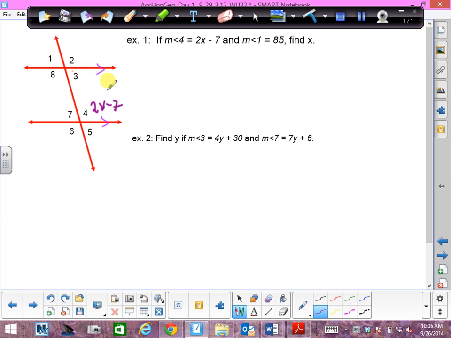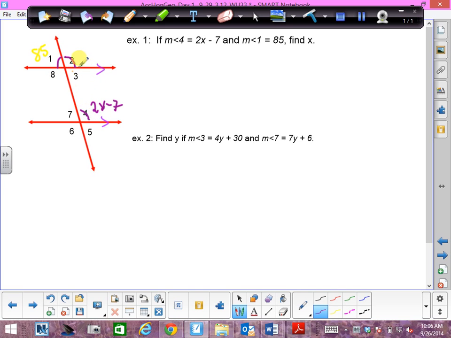So we have a transversal that is cutting or intersecting two parallel lines. All right, angle 1 is 85. So we've got to figure out what x is. Well, is there a relationship between angle 4, one of our special angle pairs? They're not alternate interior, alternate exterior, corresponding, none of that. But what do we know about angle 4 and angle 2?